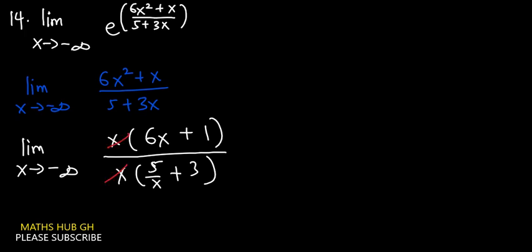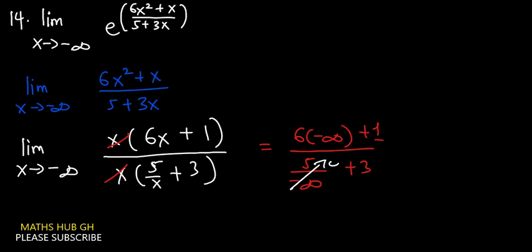Now let's try the direct substitution again. At the end, we are going to have 6 multiplying minus infinity plus 1, divided by 5 over minus infinity plus 3. This value here will approach 0, and this one will give us minus infinity.